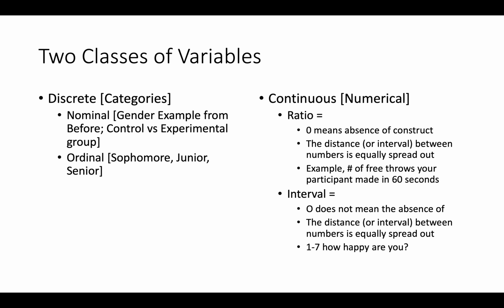In this example too, it's important to realize that man, woman, transgender woman, non-binary, none of those are better or worse or have more or less of anything than anyone else. They're just categories. That's it. They're just different people, different names.